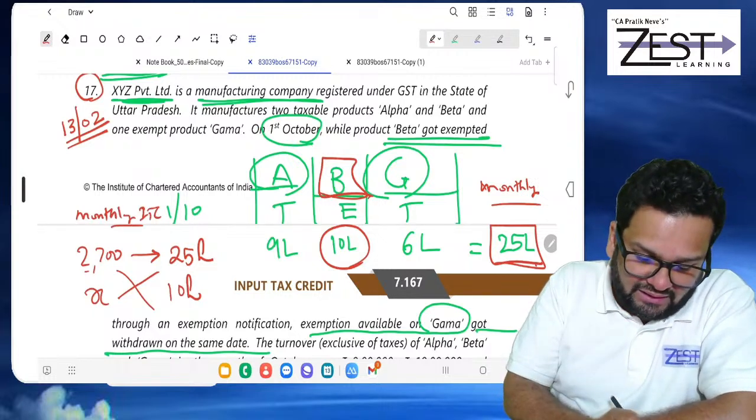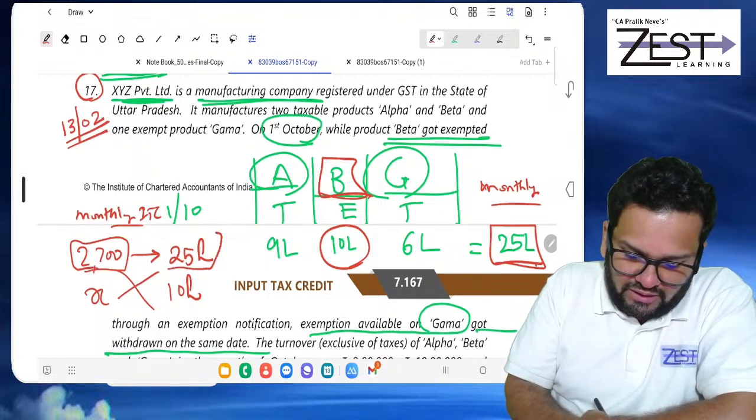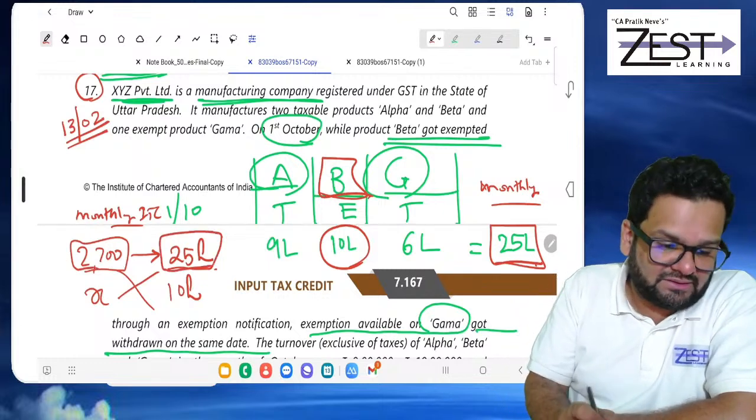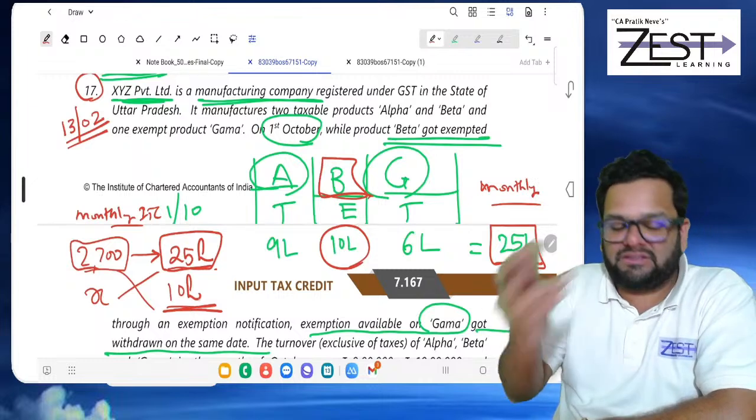That monthly ITC of CG you are using for making monthly turnover of 25 lakhs, out of which 10 lakh is exempt supply.